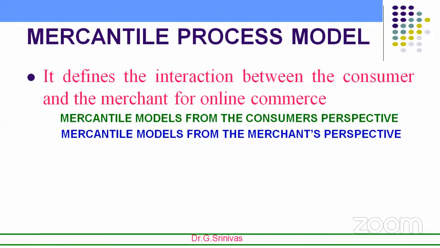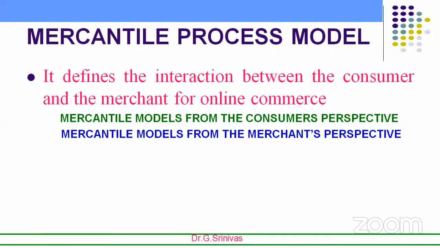If the product meets their requirement, they will make the order. That order comes to the merchant. Then the merchant verifies the order and the items, and the customer makes the payment. That payment is credited to the merchant's account through the bank, through payment gateways.